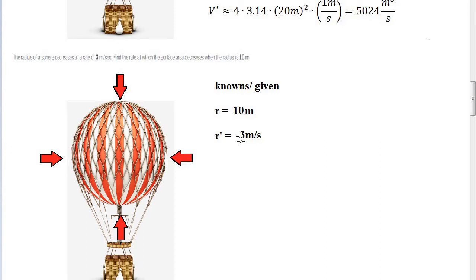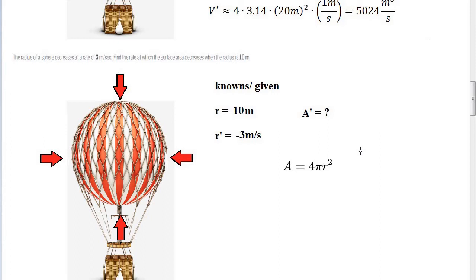It's going to save you a lot of hassle. Increasing, the sign is going to be positive. Decreasing, the sign is naturally going to become negative. And our goal, therefore, would be to figure out an expression for A prime. Well, fortunately, a few minutes ago, we've seen the formula for the area of a sphere. That tells us that the area is proportional to 4 pi r squared.